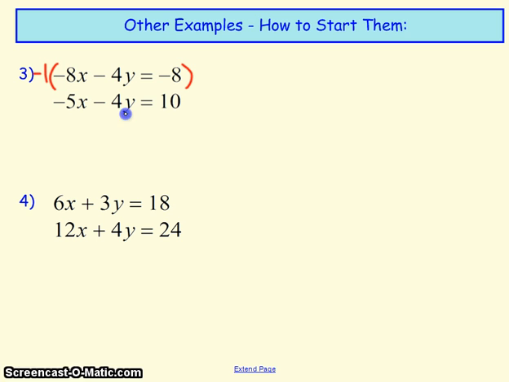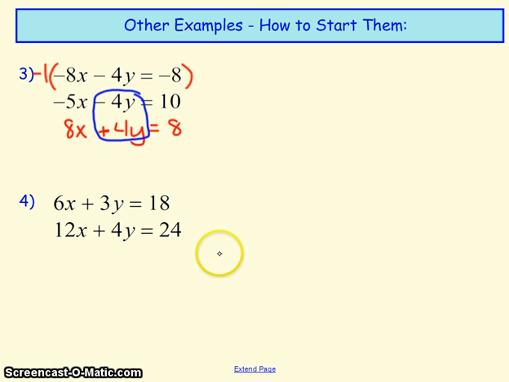If I had wanted to, I could have also done the second equation, but I picked the first. So that gives me positive 8x plus 4y equals positive 8. And when I add these together to do elimination, I will see that the y's cancel out, and that's exactly what we want.